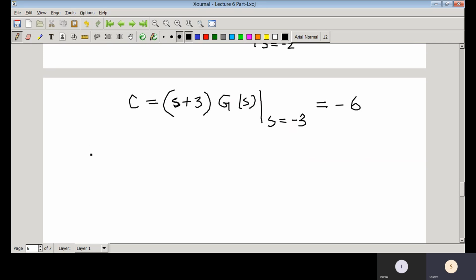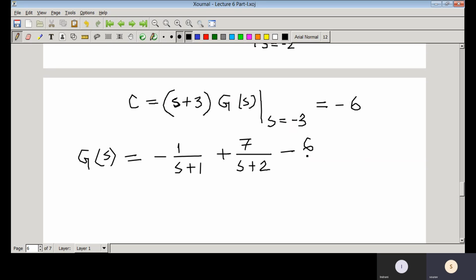So this G(s) is equal to -1 by s plus 1, plus 7 by s plus 2, and minus 6 by s plus 3.